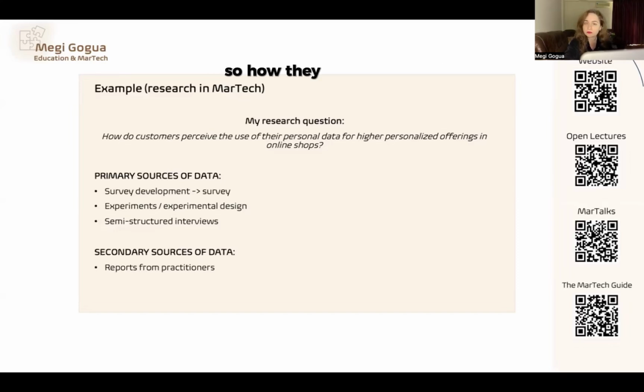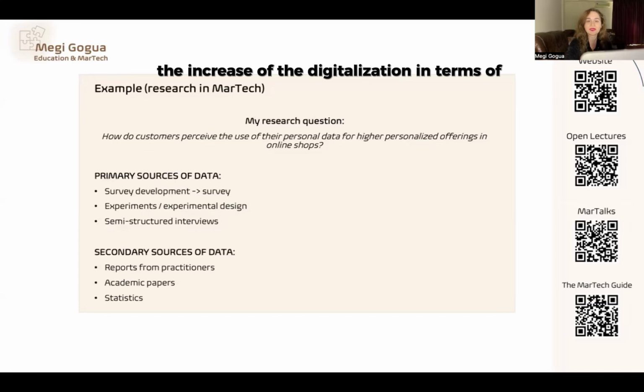So how different companies work with personalized offerings to influence the perception of the data collection in order for them to be not so reluctant to follow the personalized offerings. The academic papers, of course, from different databases based on different concepts which are indicated in this question, and statistics about data use, types of data, about the increase of the digitalization in terms of the retail based on the particular market.